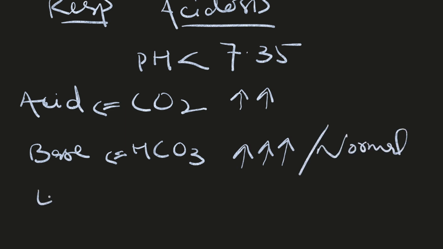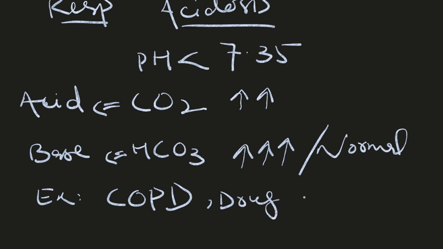What are the examples for respiratory acidosis? Most common, COPD. Then there could be drug overdose, in which a person becomes unconscious and it's really hard for him to breathe.